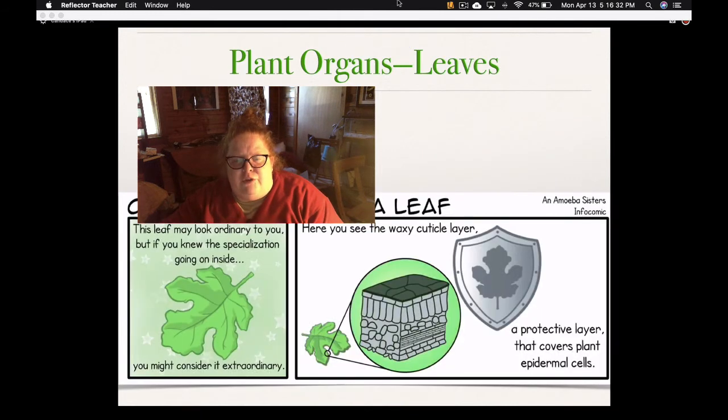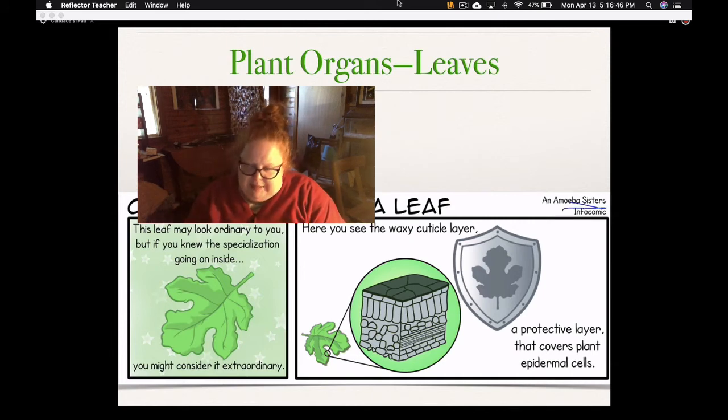Now, going into the more microscopic level of the leaf, we'll review some stuff we've talked about and then add a little bit today. So this is actually an Amoeba Sisters image that I've broken into pieces.